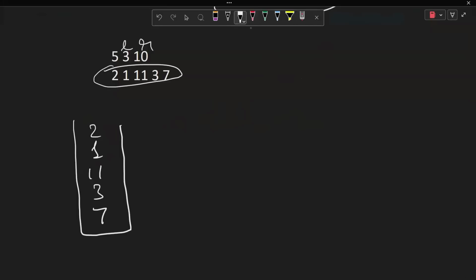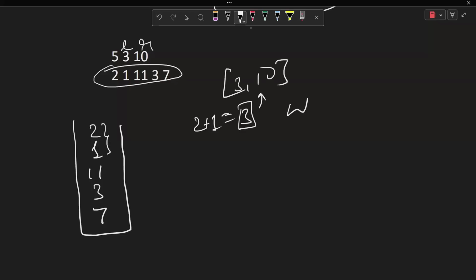So in this case, if he picks the first two, then 2 plus 1 would be 3, and this 3 falls in the range L to R, which is 3 to 10. So he would win this round. Now, let's say there is an 11 here. If he picks just 11, 11 would anyway exceed 10, so it would not fall in the range from 3 to 10. So he would definitely lose here.